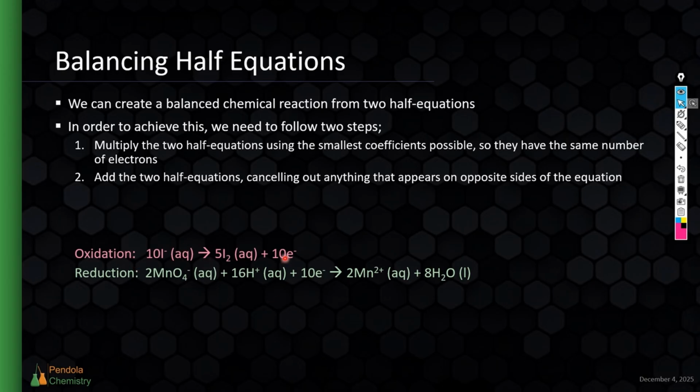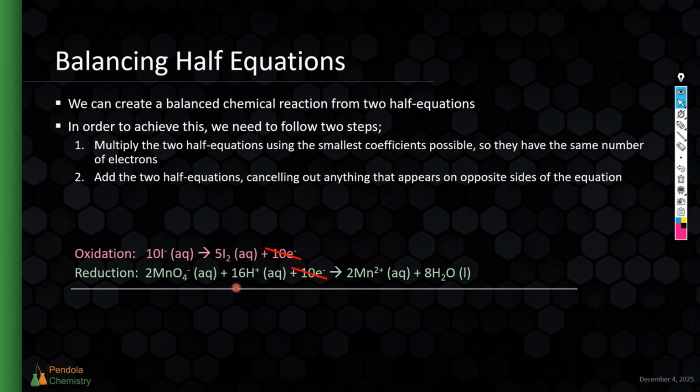So if we grab the oxidation and the reduction reactions and we add them up, what we are going to do is we're going to cancel out anything that's the same on both sides. Well, in this case, the only thing that's the same on both sides is those 10 electrons. The electrons in the oxidation reaction, the 10 electrons are in the product side, but in the reduction reaction, the 10 electrons are in the reactant side. So when we add these two up, these two are going to cancel.